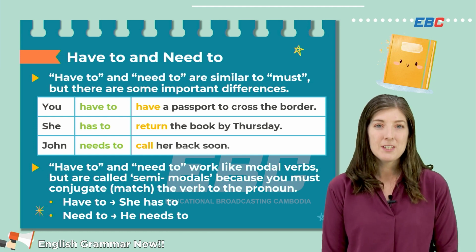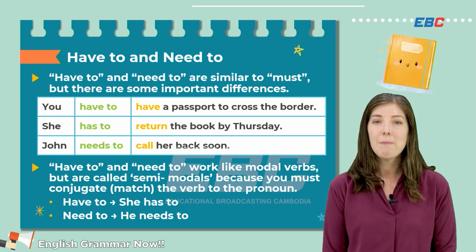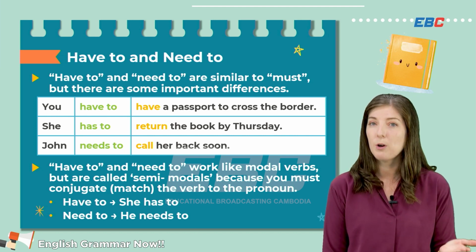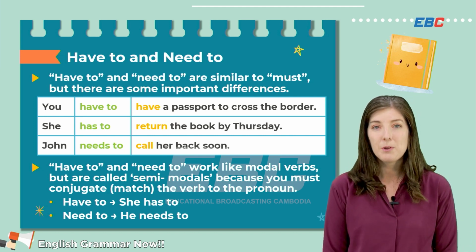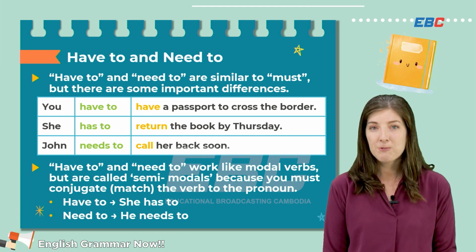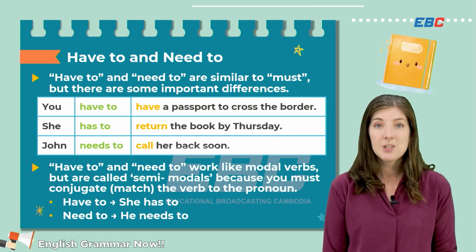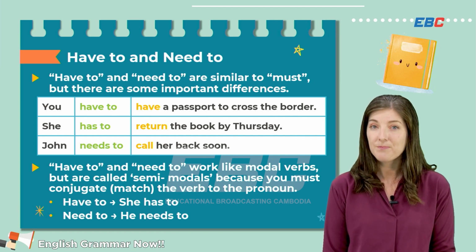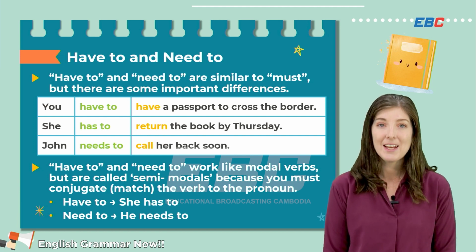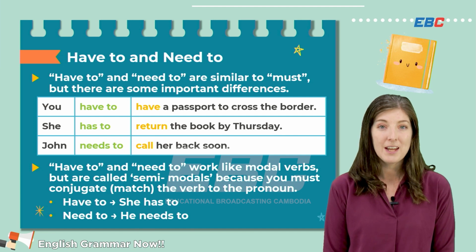One of the ways they're different is that you need to match the verb with the pronoun. For example, if you're using have to with he, she, or it, you change it into has to. She has to return the book by Thursday.